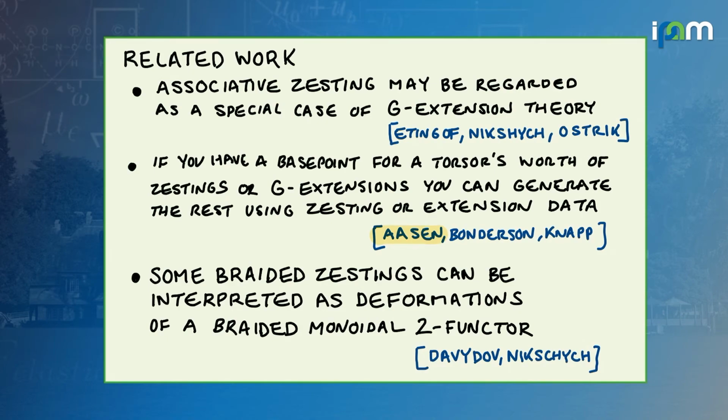And Dimitri has a theory that I think is more general than what we mean when we talk about braided zesting, but I think some braided zestings can be interpreted as deformations of some braided monoidal 2 functor, so there's some higher, more enlightened way to think about this, which I won't pretend to understand yet. All right, so I just wanted to mention that.